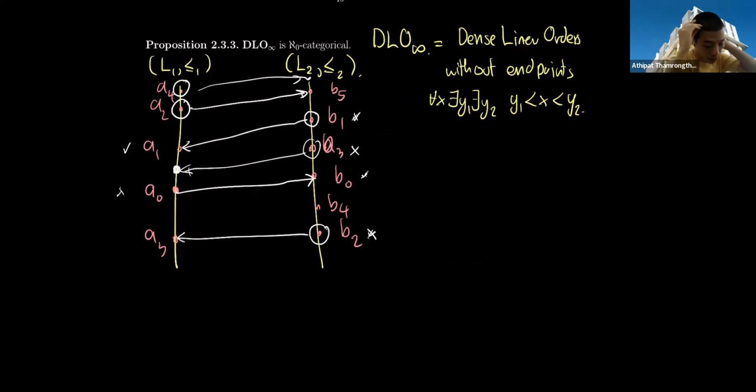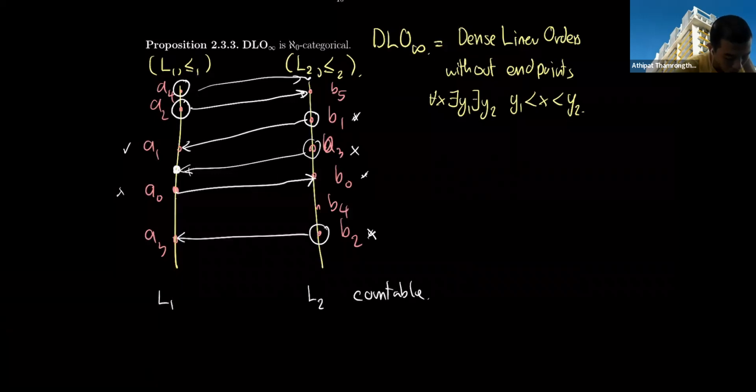And here by doing this, if L1 and L2 are both countable, you can repeat this process countably many times, up to the natural numbers.